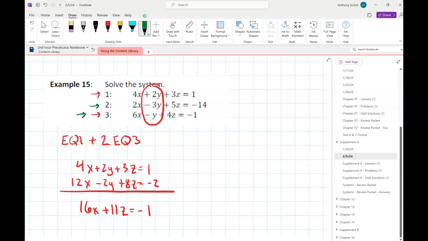It needs to be +3, correct? So what do I need to multiply equation 3 by to change its coefficient from -1 to +3? -3, right?